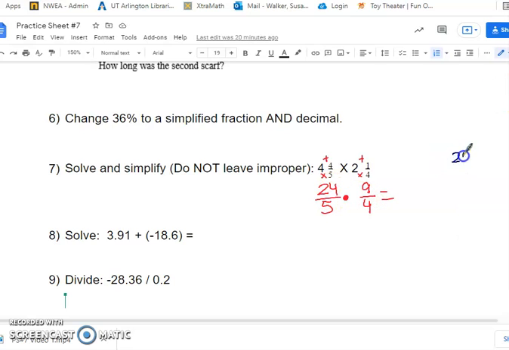So if I have 24 and 4, you do not have to write this out over here. These both divide by 4, so that's kind of what I'm doing here. For instance, 4 divided by 4 is 1. So I'm going to cross that out and put a 1 because I'm dividing that number by 4. Now I'm going to divide 24 by 4, which is 6.